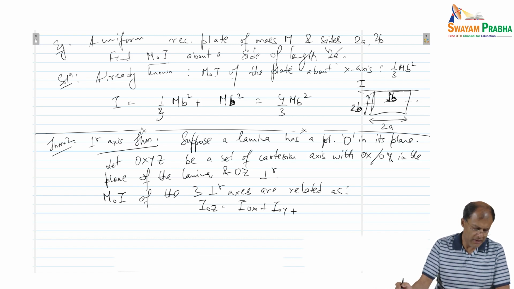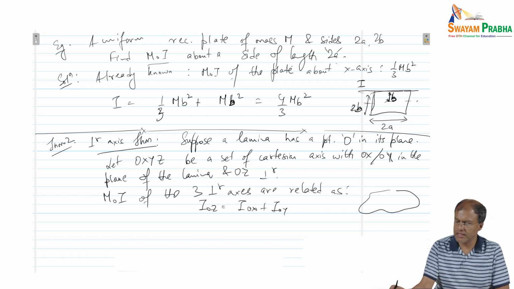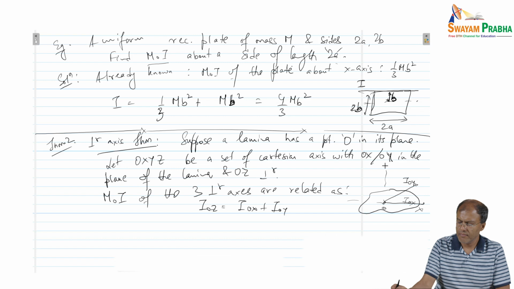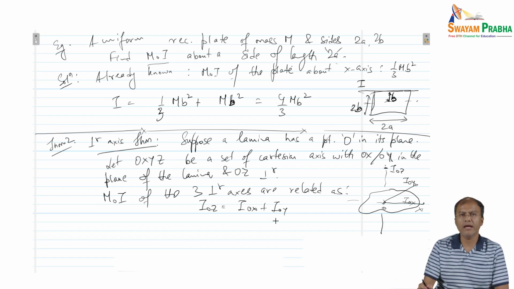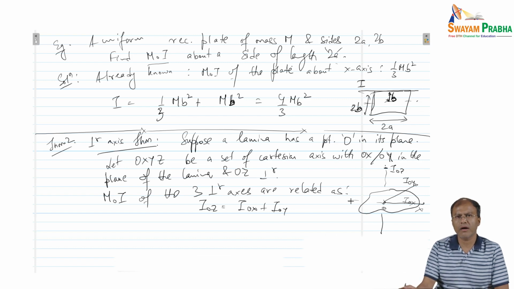So basically it says that, suppose you have an object and it has an axis of rotation given by this OX axis, so let's say IOX, and similarly along the Y axis we have another axis of rotation IOY. Then we have the third axis which is IOZ, which is perpendicular to the plane of the object. Then this is the relation between the three axes of rotation, right?